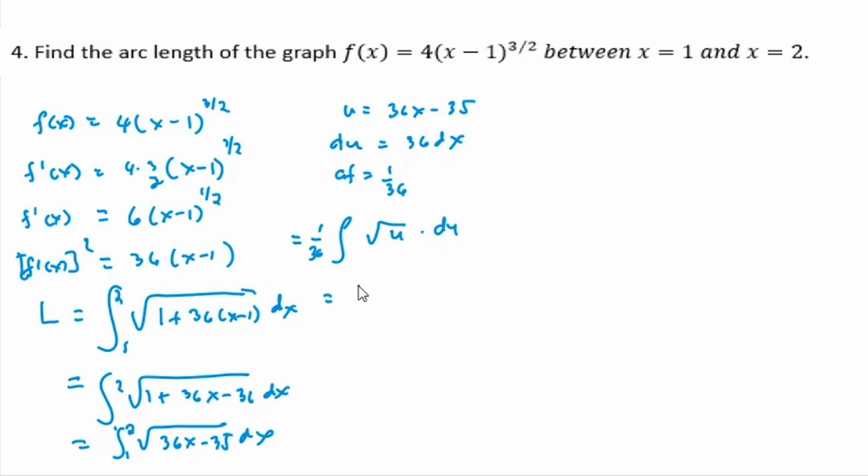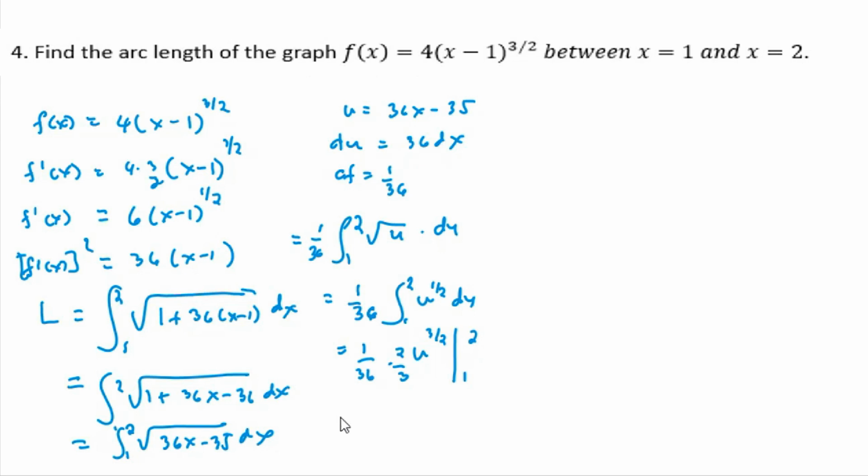So we have now 1 over 36 times the integral of u raised to 1 half of du, or we have 1 over 36 times u to the power of 3 halves over 3 halves, or take the reciprocal of that, times 2/3, and this will be evaluated from 1 to 2. So I forgot this one, 1 to 2. So rewriting again the meaning of u.